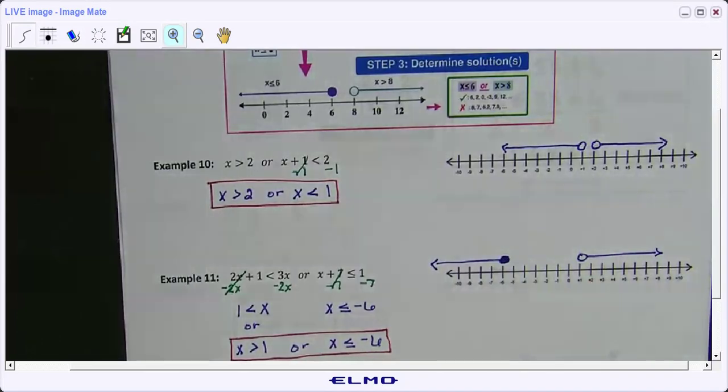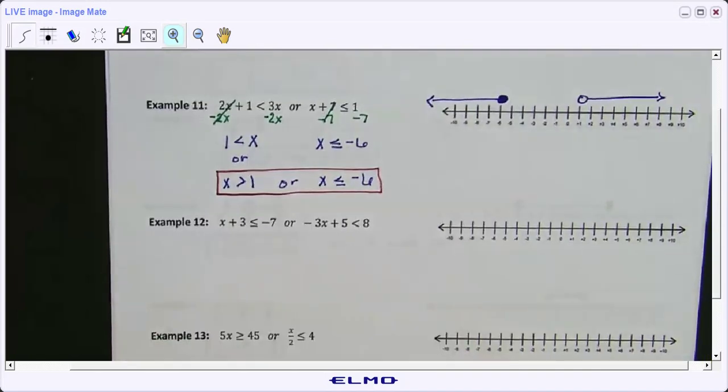Okay, let's look at number 12. I want you to solve number 12 and graph it. And because we're short on time, I'm going to go ahead and solve it up here, but I would like for you to try it on your own just to make sure you're understanding. Okay, and then just check up here as you're going.